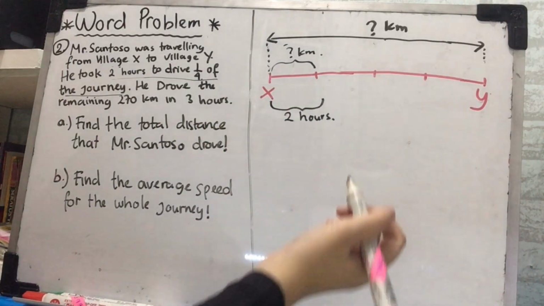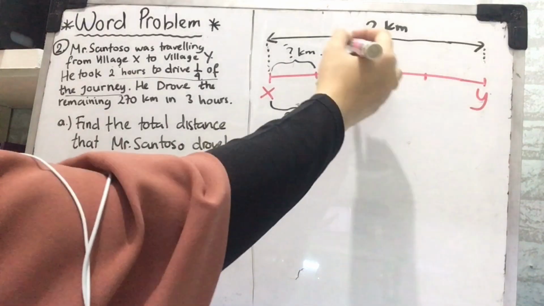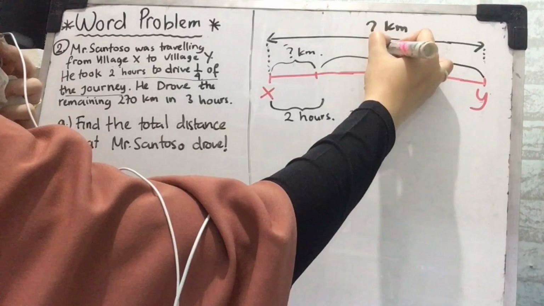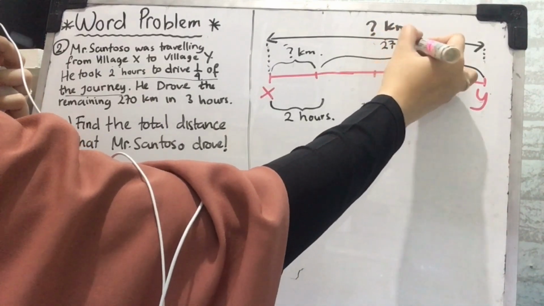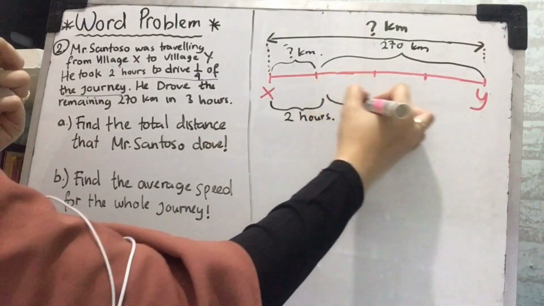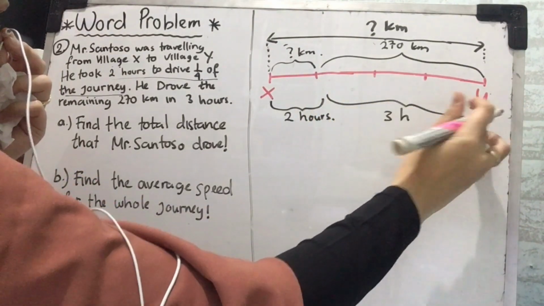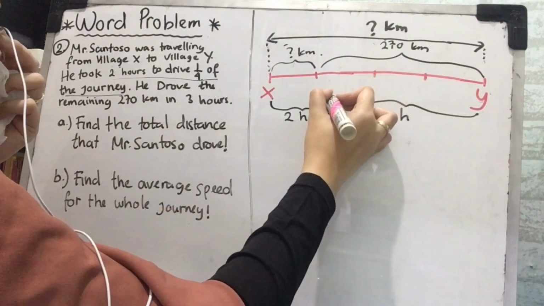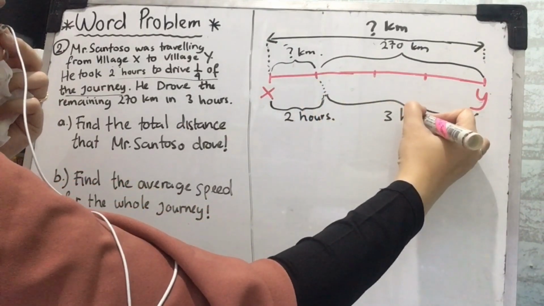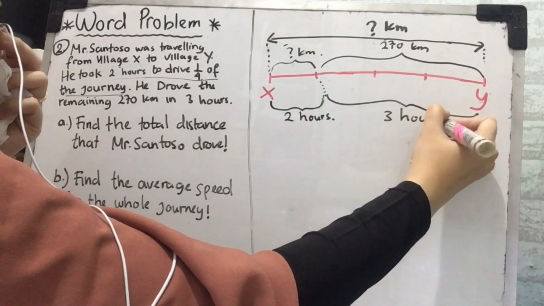So the remaining distance is 270 kilometers in 3 hours, from here until here, 3 hours.